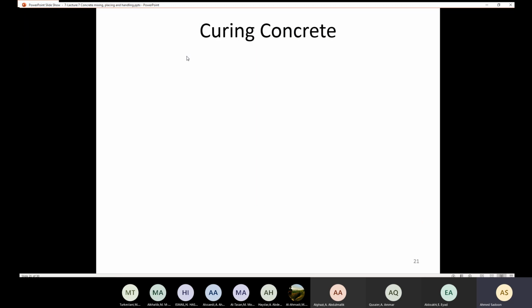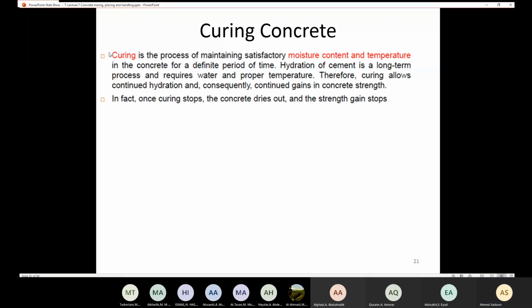So now we are going to talk about the last step, the curing of the concrete. What do we mean by curing? Curing is a process of maintaining satisfactory moisture content and temperature. So I'm going to maintain a certain level of moisture and temperature in the concrete for a definite period of time. Why should we do that?